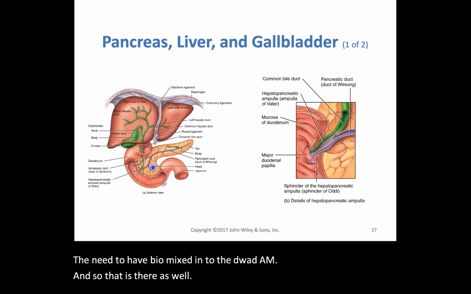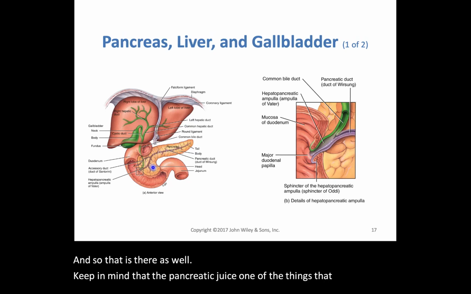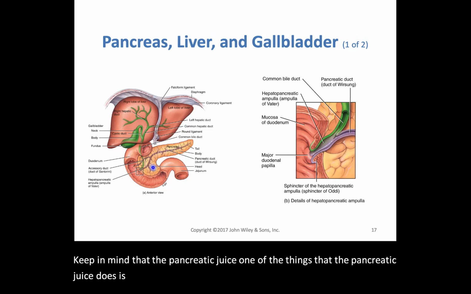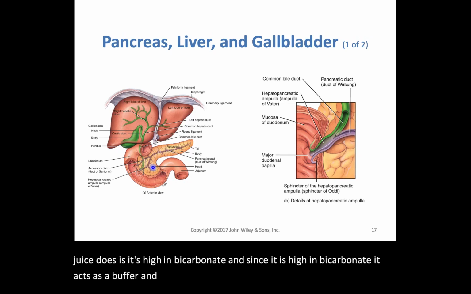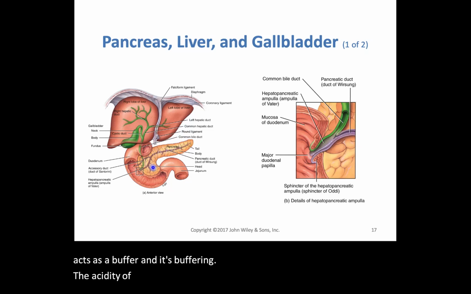Keep in mind that one of the things that the pancreatic juice does is it's high in bicarbonate. And since it is high in bicarbonate, it acts as a buffer. And it's buffering the acidity of the stomach acid that is being released through the pyloric sphincter.